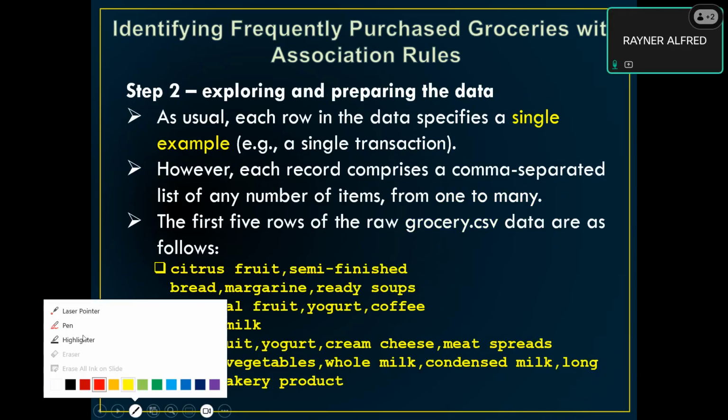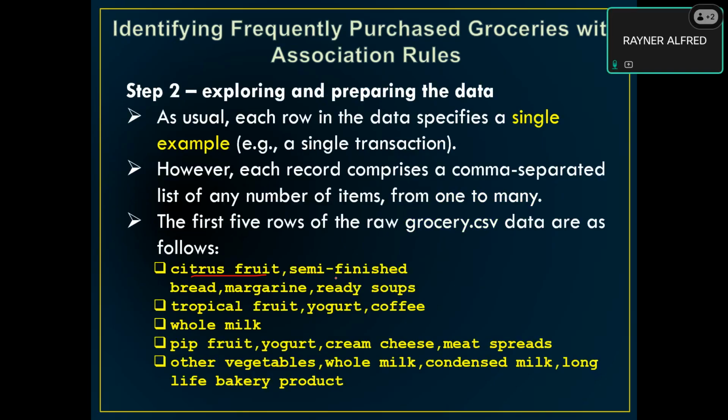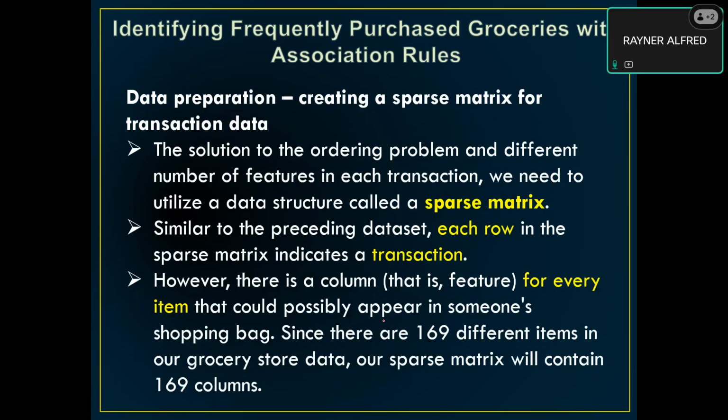For example, in the first row we have 4 columns. For the second row, we have 3 columns. And for the third row, we have 1 column. So this is what we call a sparse matrix. We do not have an equal number of columns.